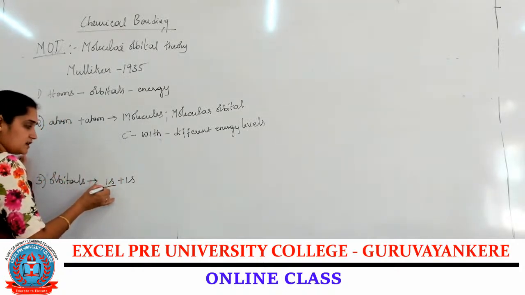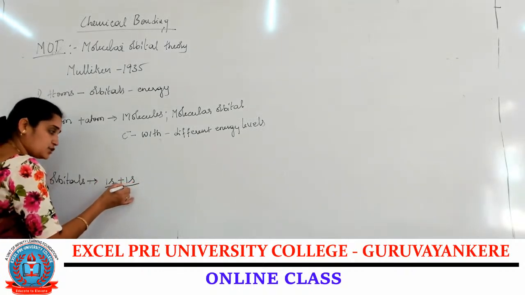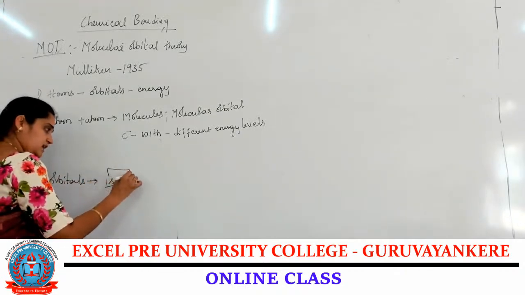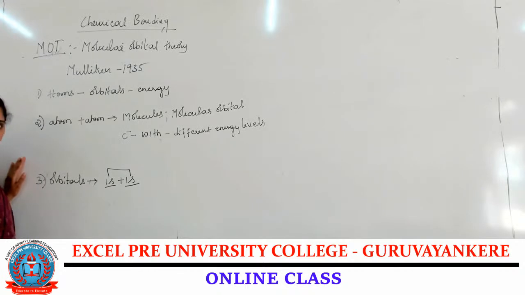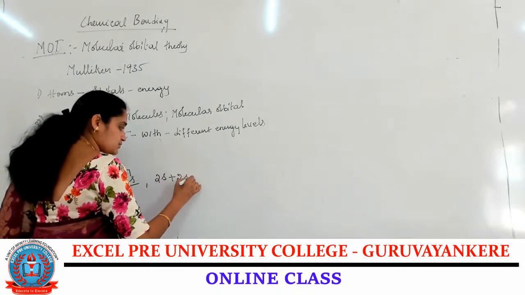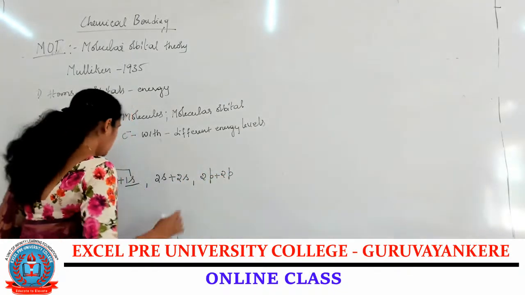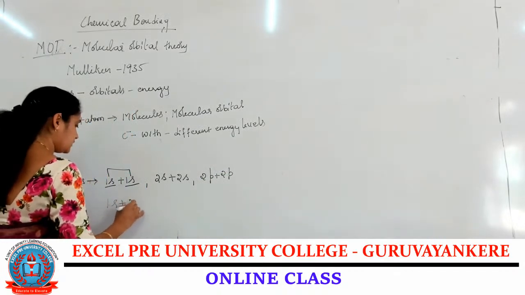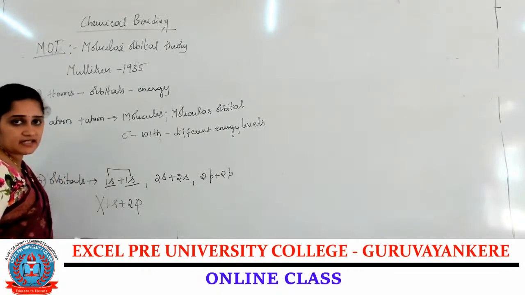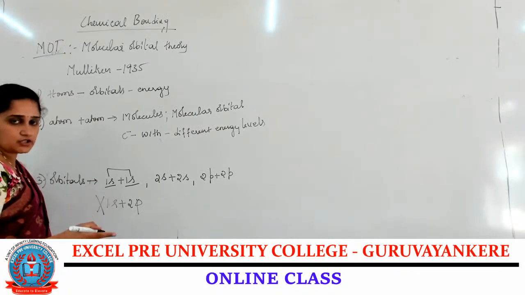Consider this 1s orbital of one atom combining with another atom; that atom should contain the 1s electron. Then only the combination of 1s takes place. Or 2s combines with 2s only, or 2p combines with 2p only. 1s will not combine with 2p; this is not possible. Only orbitals with similar energy can combine to form a molecular orbital.